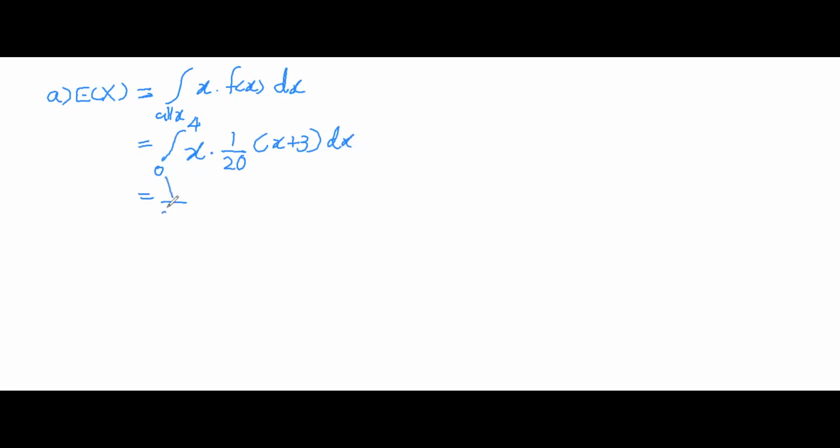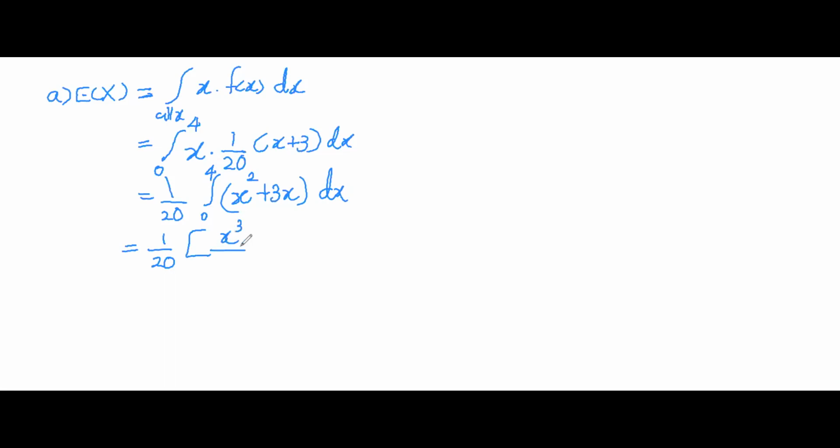So we can take 1 over 20 out, and it is 0 to 4, x squared plus 3x dx, and 1/20.